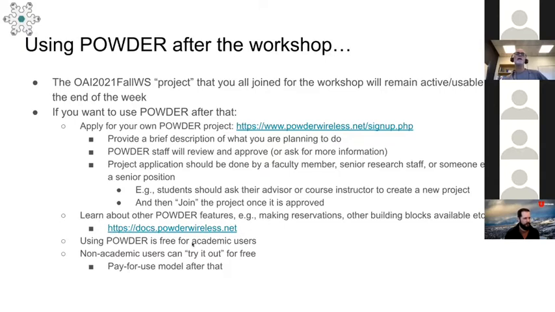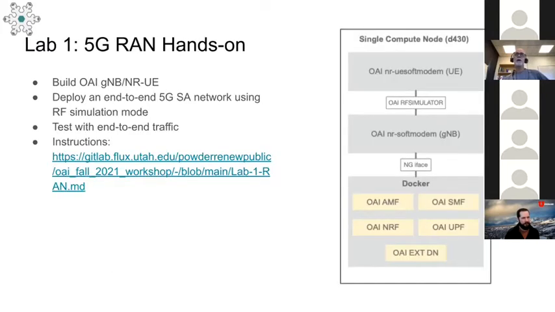Another question we often get asked is about cost. Powder use is free for academic users. For non-academic users, you can try it out for free, but once you start using it for real, we have a pay-for-use model. So that's my overview. I'm going to stop sharing and hand over to Dustin for the lab 1 walkthrough.